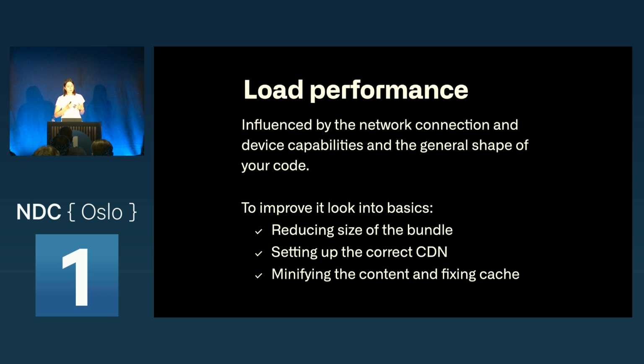And to improve it, you want to look into basics like reducing the size of the bundle, setting up the correct CDN, content delivery network, to make sure that the latency is not an issue for your user, minify the content, fix cache. Basically, all the setup things are important for the load performance, as well as some other things about which we're going to talk about later.